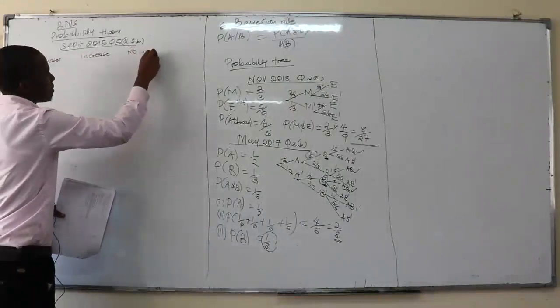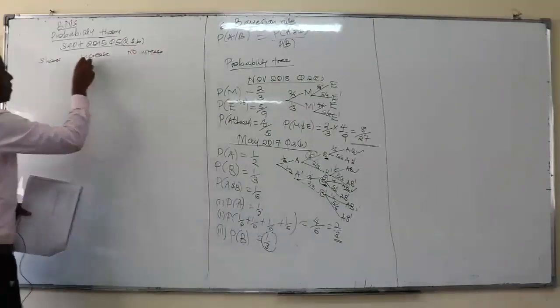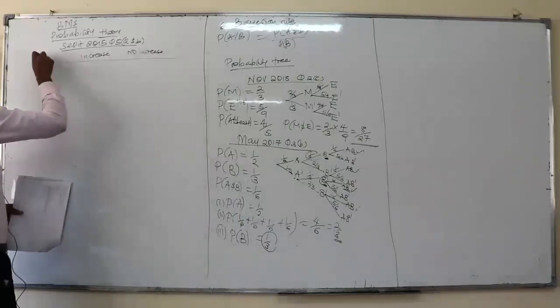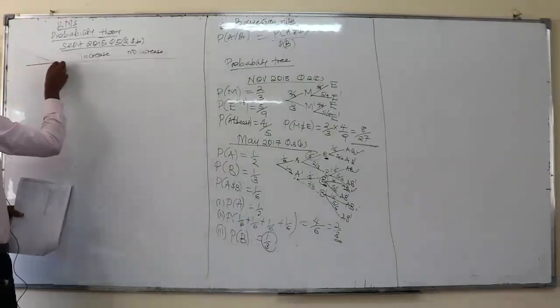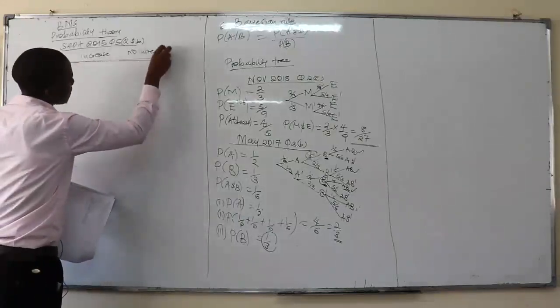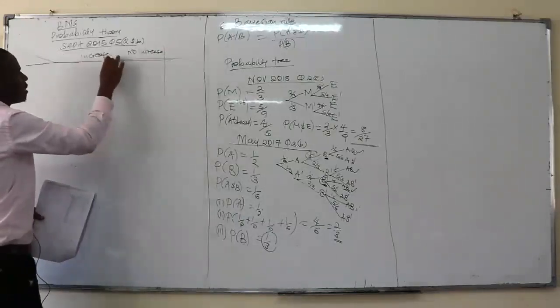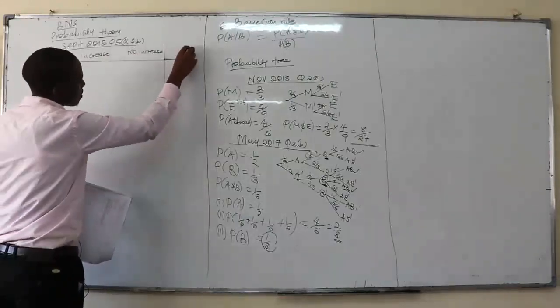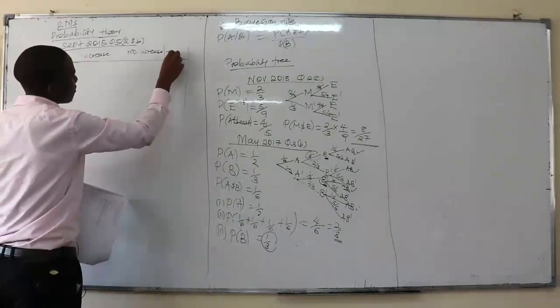In this case, it will depend on the dividend that has been paid. If they paid the dividend, maybe the price increases or it does not. So in that case here, I can have the total.